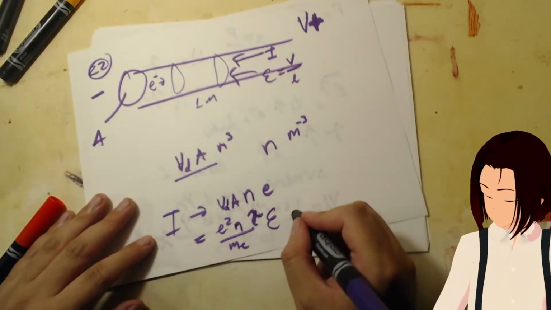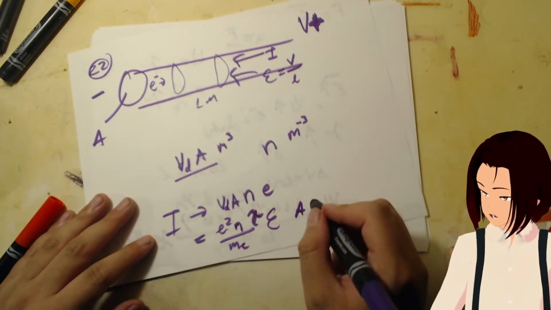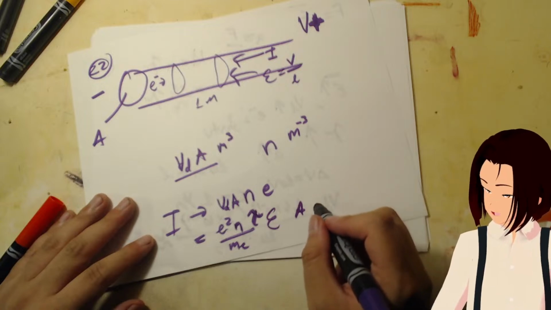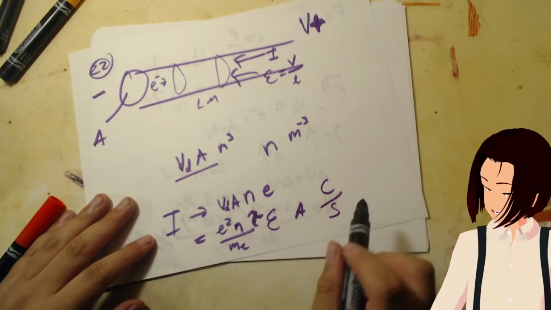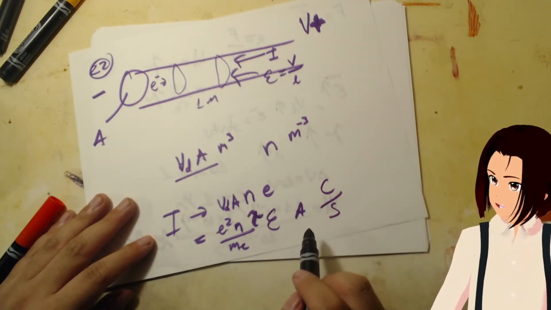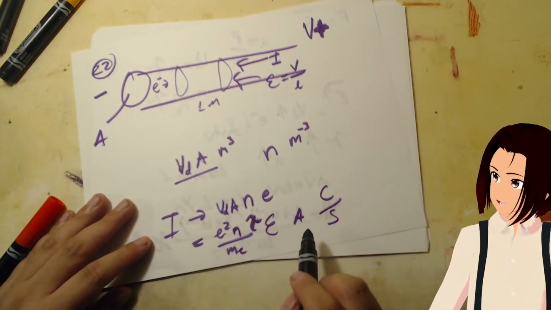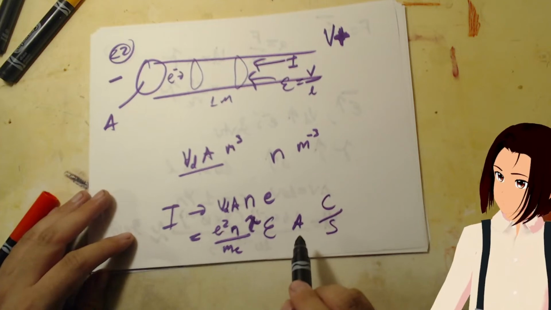This is in amperes. The ampere is the designated SI unit for charge per second, coulombs per second. We call it amperes because Ampere did something and we honor him by naming this after him.